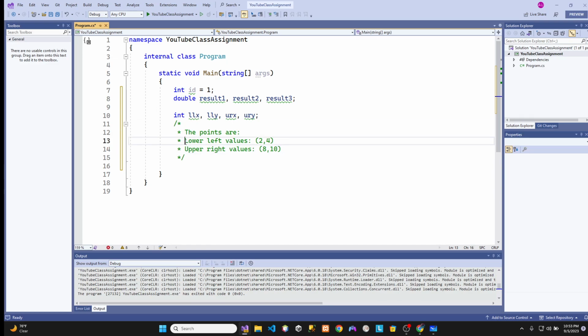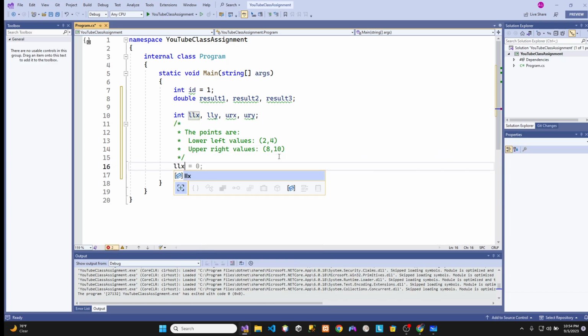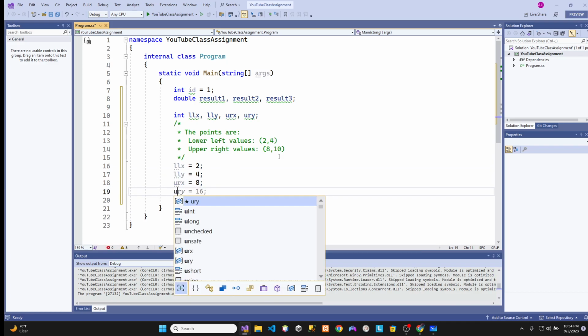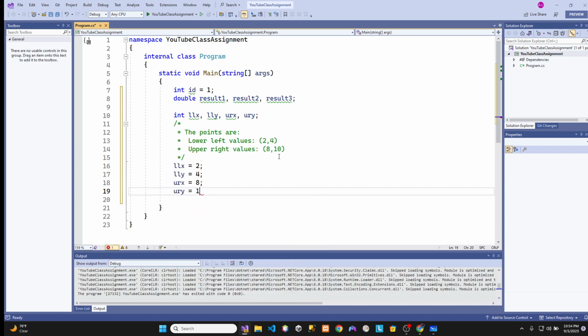Okay, this is just going to be values for our upper right and lower left. LLX equals 2, LLY equals 4, and URX equals 8, and URY equals 10. These are the values that we have for our integer points, integer variables.